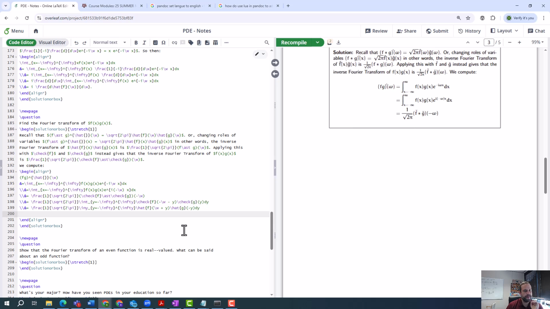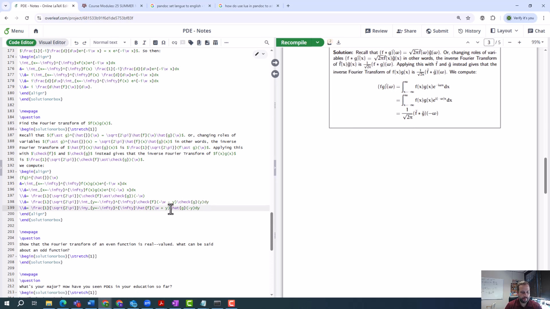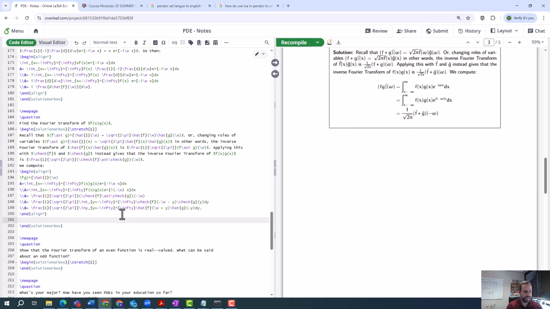Okay, now we can make a change of variables. Let me just write this out explicitly. Make the change of variables u is equal to omega plus y.